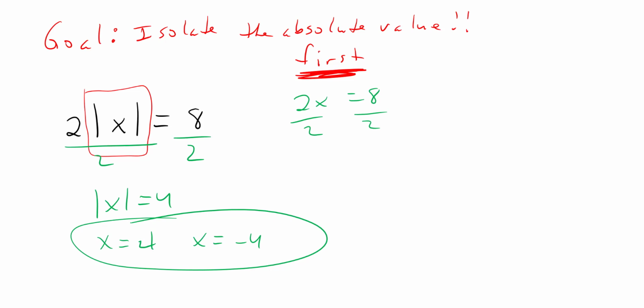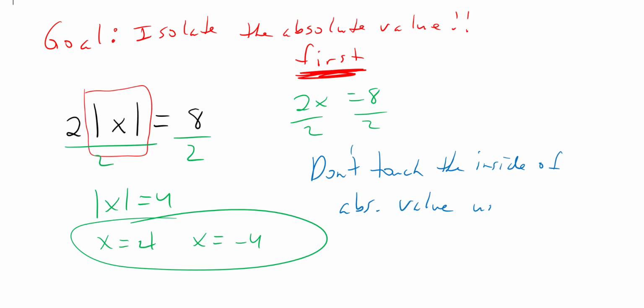Okay, so I kind of said isolate the absolute value first. Don't touch the inside. So I'm going to put this in blue. Don't touch the inside of absolute value until isolated.